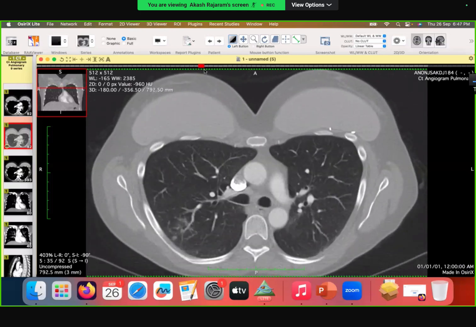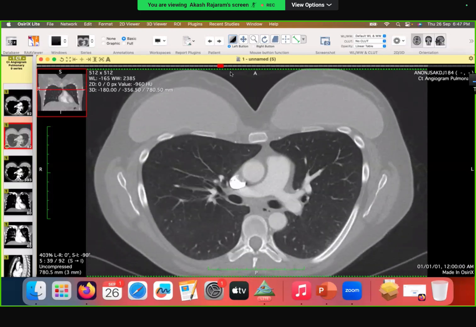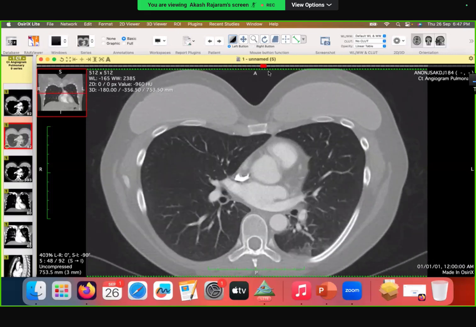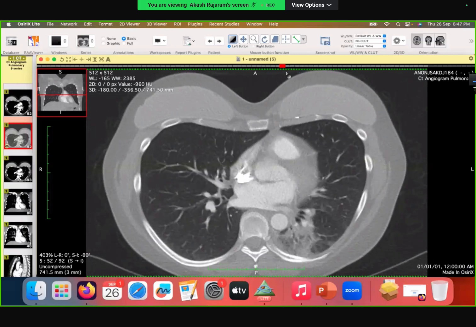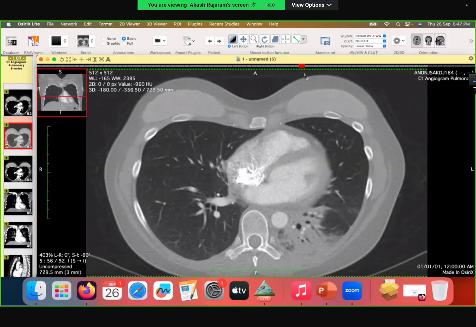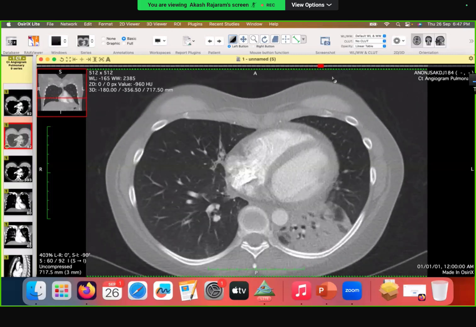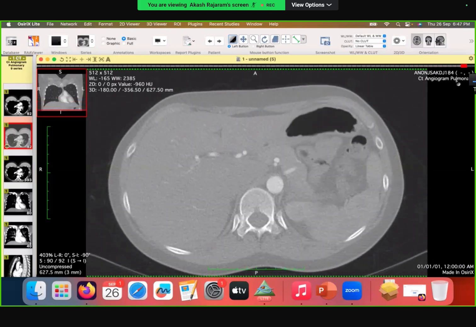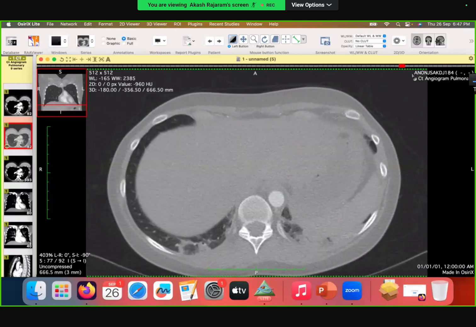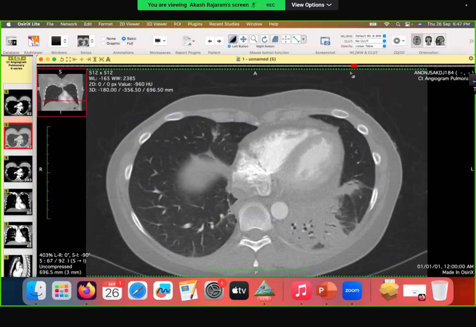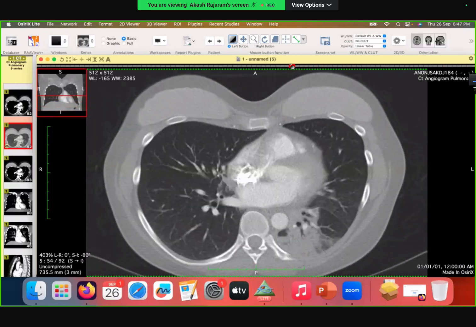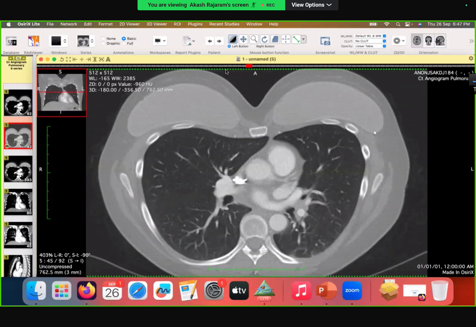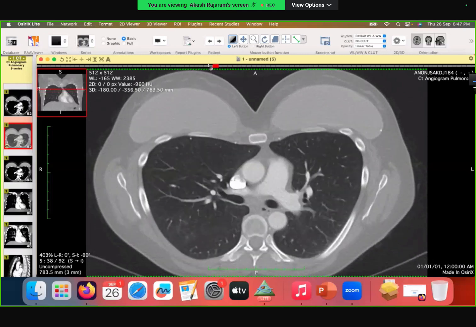So the trachea is patent, the left main bronchus is patent. The bronchi are patent as well. No endobronchial obstructing lesion could be seen.